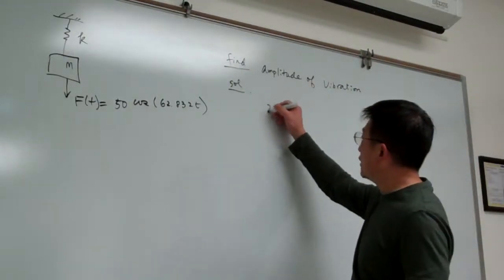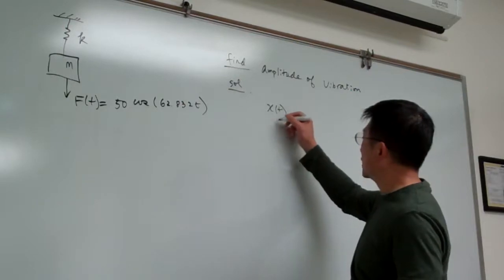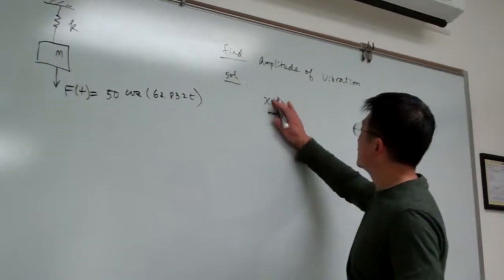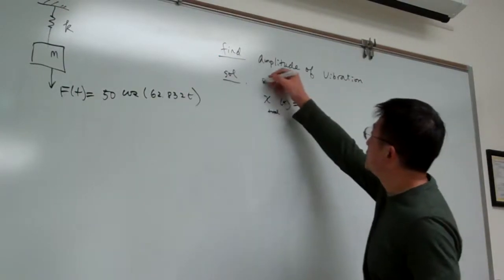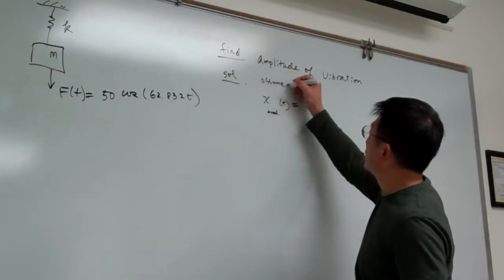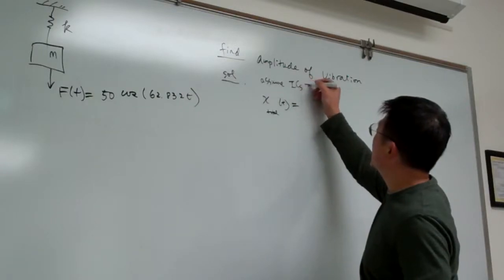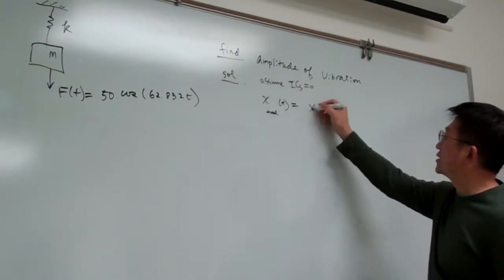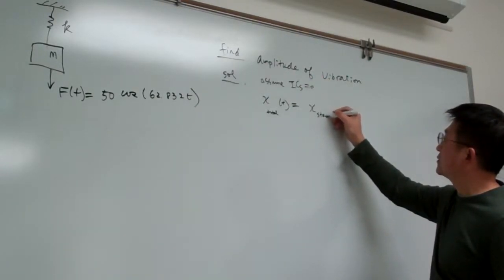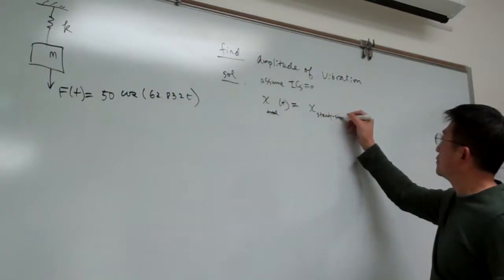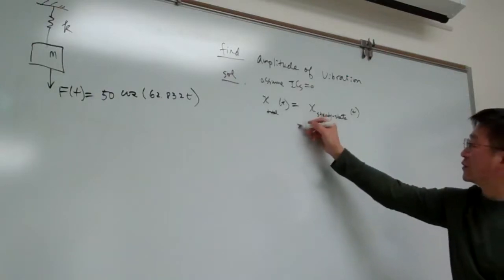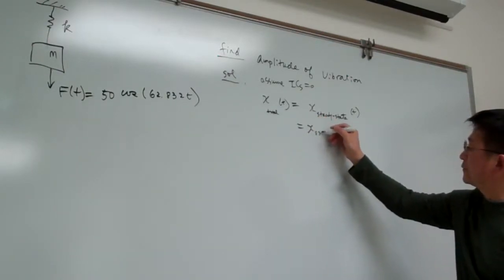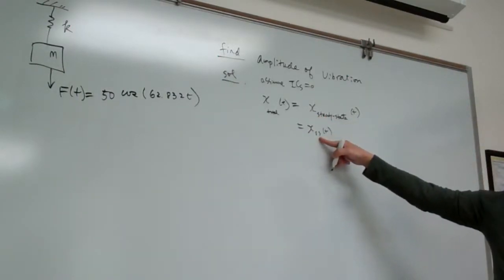So from here, our x(t), the total response, assuming initial conditions equal to 0, then basically that is a steady state response. And sometimes, if you like, you can simply use the SS, which means steady state.